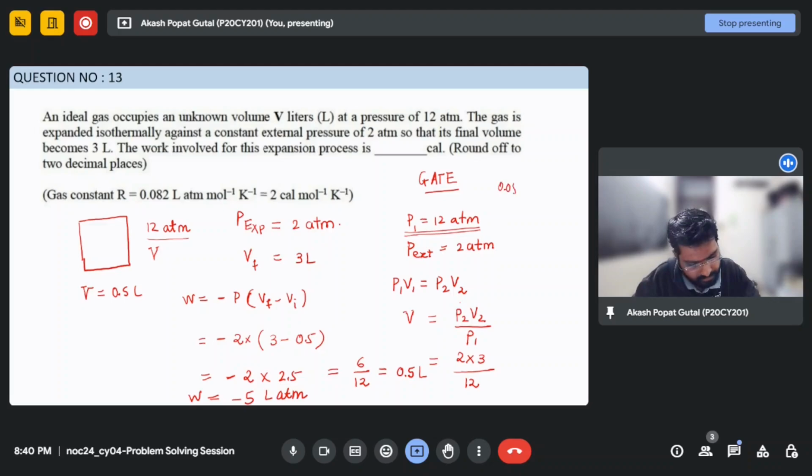We can convert it like this. 1, 2 is for 2, then for 5 is what? 0.082 into 2. 10 divided by 0.082, which is nothing but, can you calculate this? I can calculate. Okay.